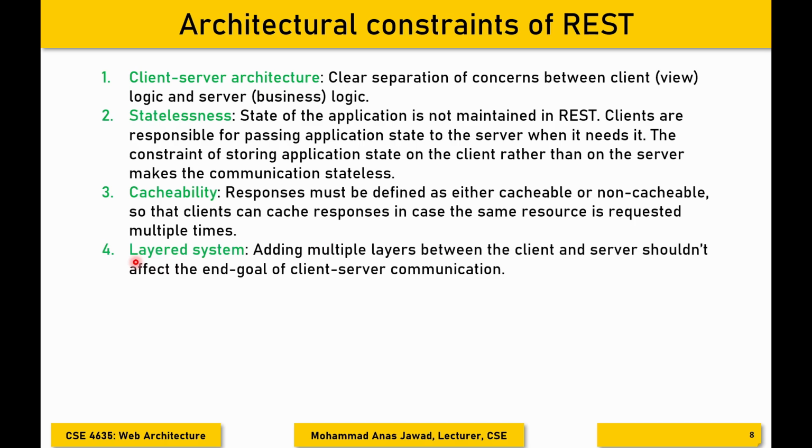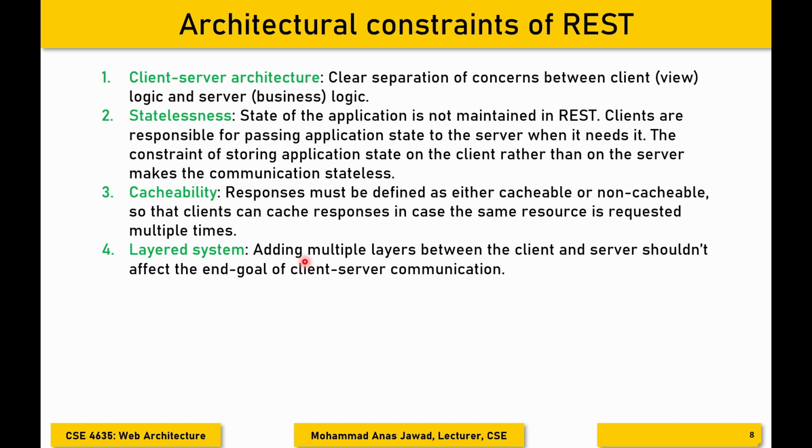Next, we have layered system. The concept of layered system works like this. Since we have a client-server architecture, whenever a client asks for something from the server, the client is completely impervious to whether there are any other layers between the client and the server. That is, the client does not know whether it is actually communicating with the server or with some other intermediary layers.